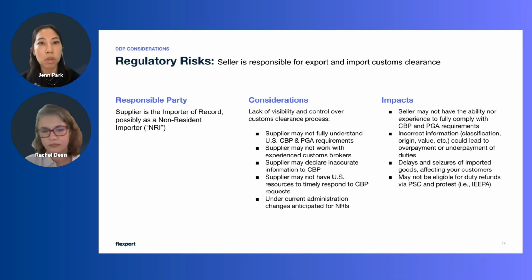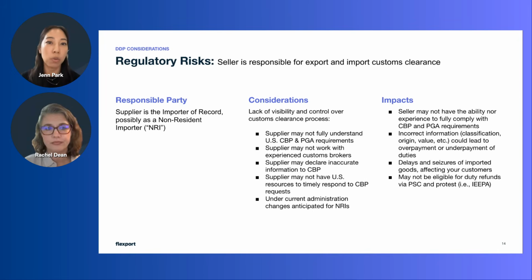So first, we'll talk about the lack of visibility and control. Similar to transportation, same thing here on the customs compliance side. Before, you're probably used to working closely with your broker to make sure that the information that you're supplying to them about your products is accurate, that you have the right descriptions, the classifications, origin, even if there's a PGA license that's required, you're working closely with them to make sure that they have all of that on hand.